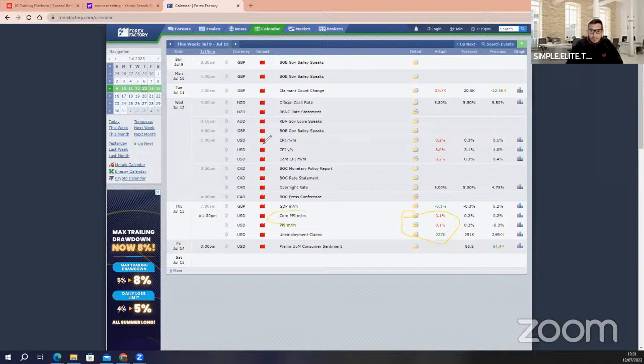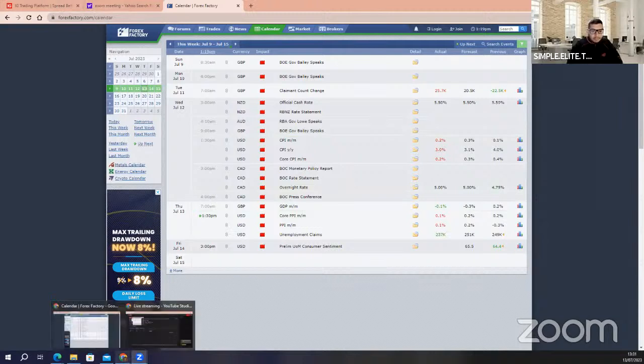Yesterday the CPI data as well was worse than expected. So that's why we have this bearish movement on the dollar. So let's see now if we have the same on the dollar again.